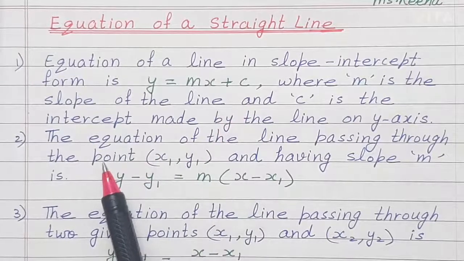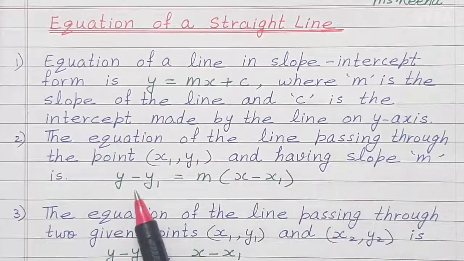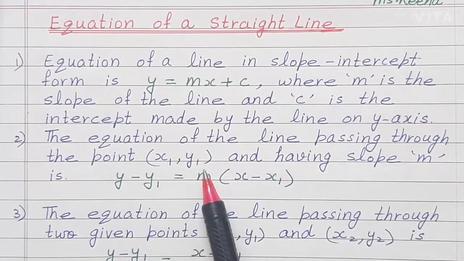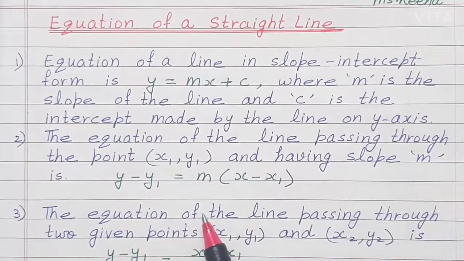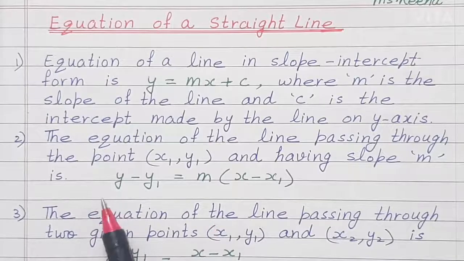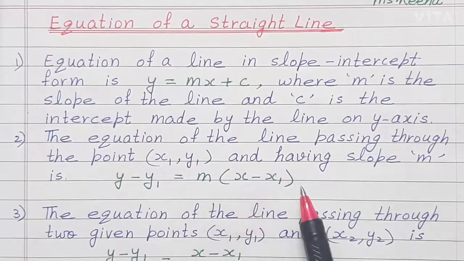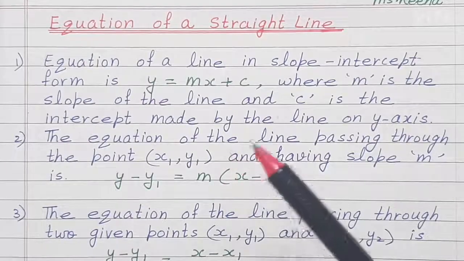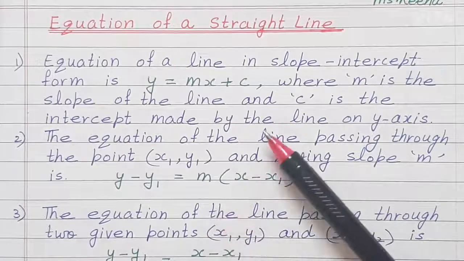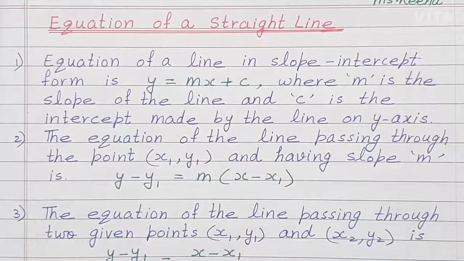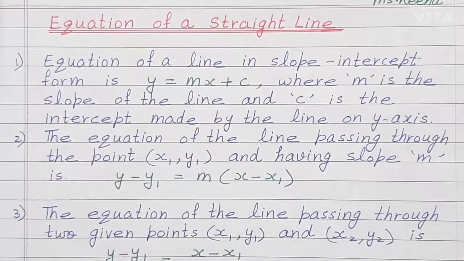Now the second is the equation of the line passing through the point (x1, y1) and having slope m. So here the equation is y - y1 = m(x - x1). Students, we have already discussed these equations in detail in the assignment. We are just revising the equations.